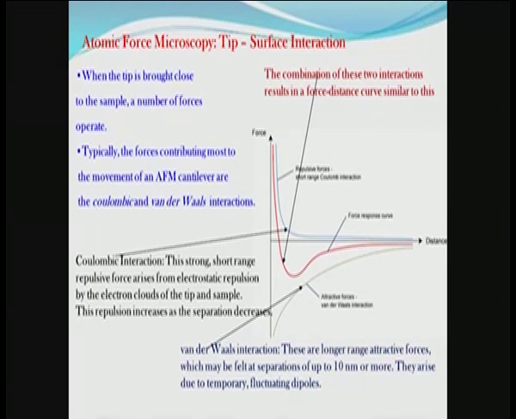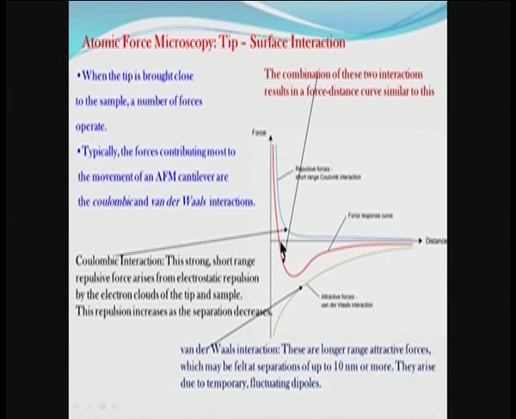Most importantly, the forces that affect this cantilever are Coulombic forces and van der Waals interactions. What is shown here is the force versus distance, that is the separation between the tip and the surface. This blue curve shows that the force is repulsive and increases sharply when the separation is small.